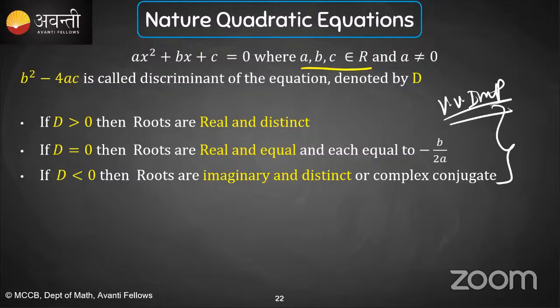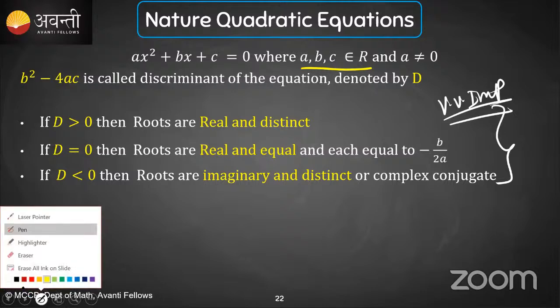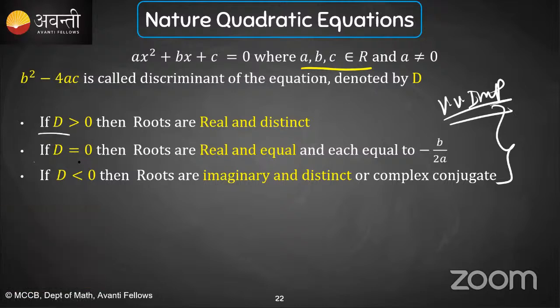Then if D is positive, roots are real and distinct. If D is 0, then roots are real and equal. And if D is less than 0, then roots are imaginary and distinct.